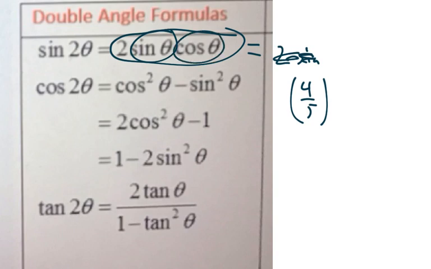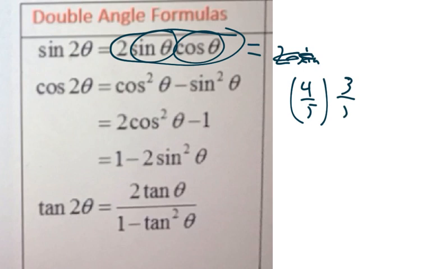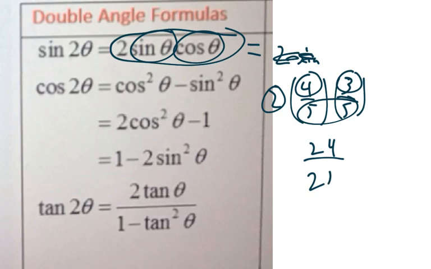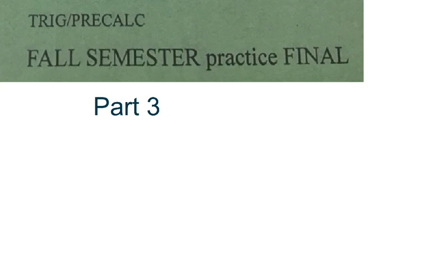What is cosine theta? Is 3 over 5, times 2. So all we have to do is the math here carefully. So 2 times 4, 8 times 3 is 24 over 25. So that's why the answer is B. Okay, so hopefully that helps you a little bit. And that is video part 3.